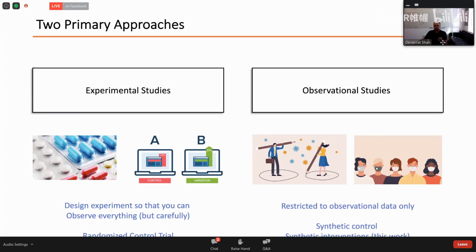You have to make sure that these designs are done carefully, but that's roughly what a good randomized controlled trial does. That's what has been used, for example, in clinical trials to approve or disapprove therapies, as we are going through for many vaccines right now, or in e-commerce, what's known as A/B testing.